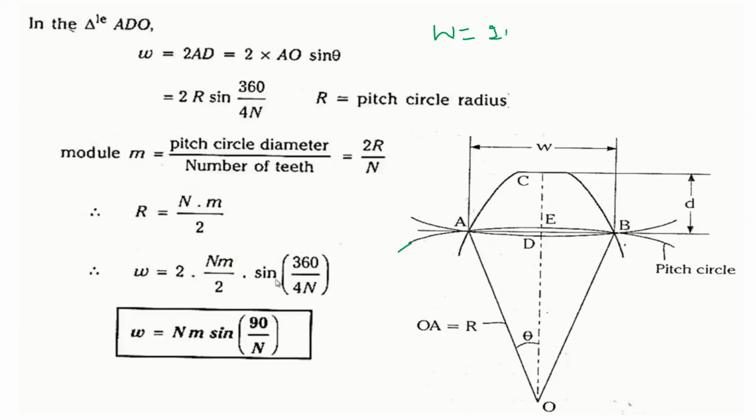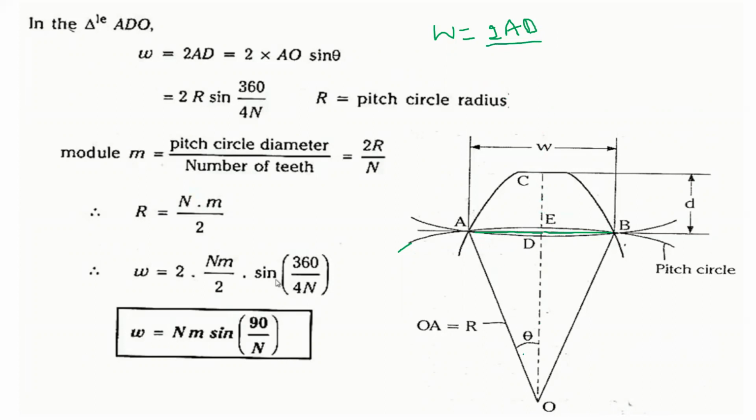So AD plus DB is equal to W. But AD is equal to DB, so it is symmetric. Therefore, W is equal to 2 times the AD.